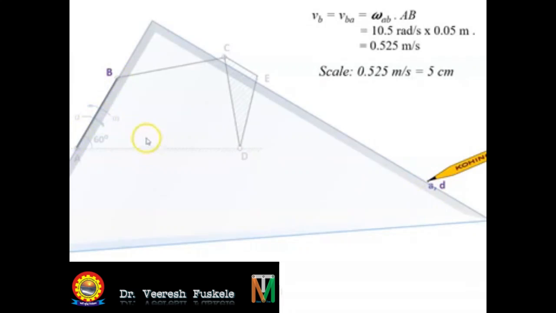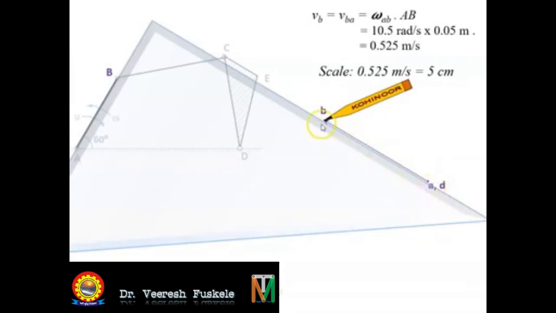The velocity vector will be in the anti-clockwise direction, because the angular velocity of the link AB is given in the anti-clockwise direction. So it will be from A to B in the anti-clockwise direction, and the length of the velocity vector will be 5 cm as per the scale. After adjusting the set square, we draw the velocity vector. So this will be the velocity vector for the link AB.